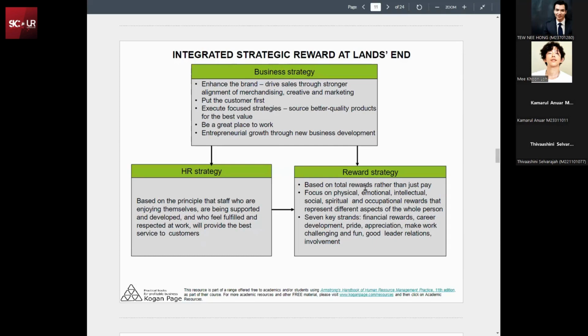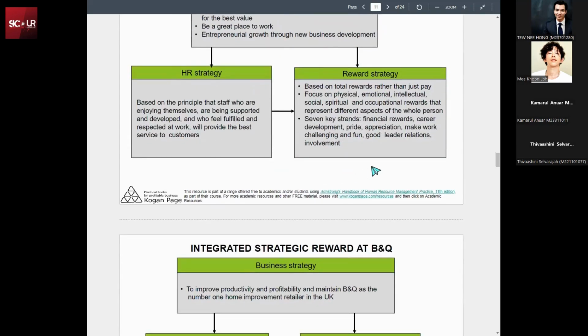Okay, more on total reward: physical, emotional, intellectual, social, spiritual, financial reward, different aspects of what people value. 7 key standards: financial reward, career development, pride, appreciation, all of the intangible and non-monetary rewards are in here. Do you see how they do it? In the exam later, they will set it like this.